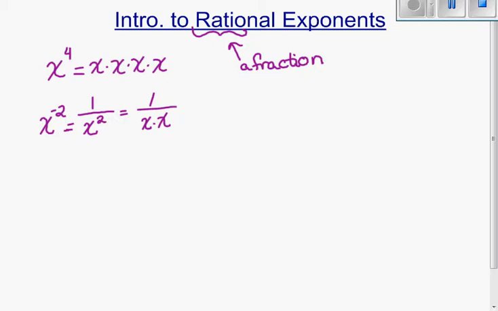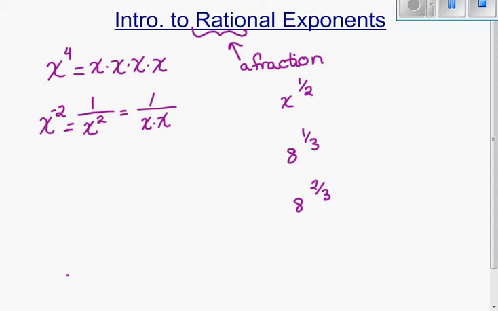These fractional exponents could take the form of something like x to the 1/2, or 8 to the 1/3, or even 8 to the 2/3, things of this form.